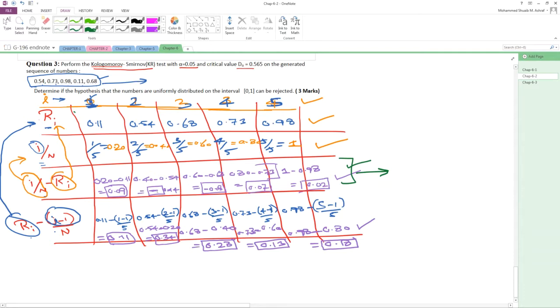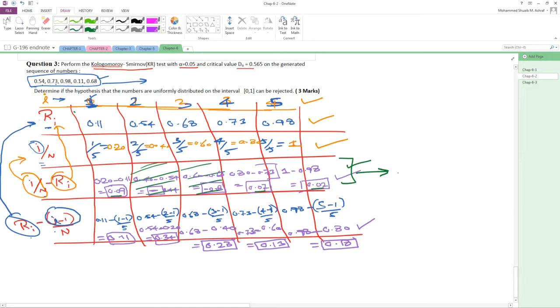In this box, minus values we do not take, only take the plus values. So 0.09, 0.07, 0.02.